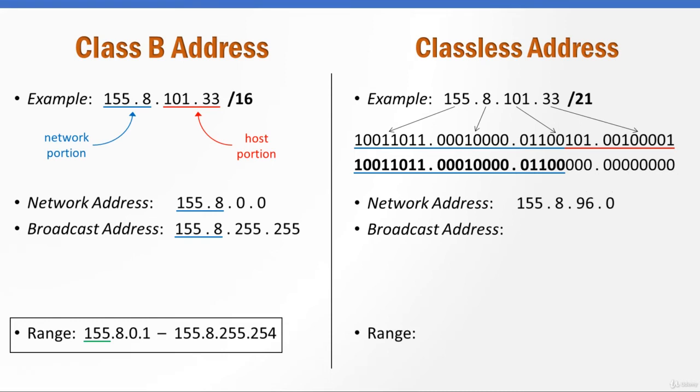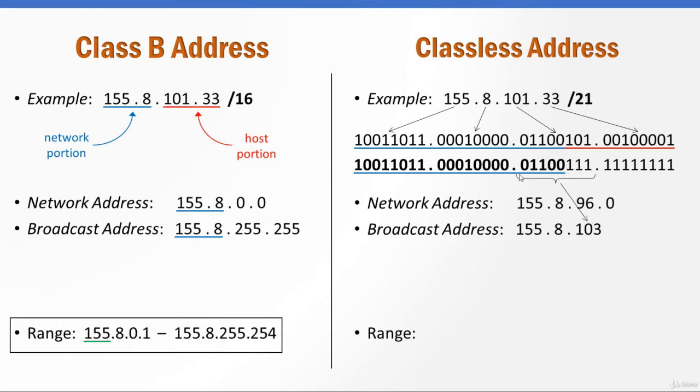Now let's look at the broadcast address. For the broadcast address, we're going to copy the network portion, and that's going to be 155 and 8 for the first two octets. That doesn't change. But then the third octet changes because we're going to put ones in the entire host portion.